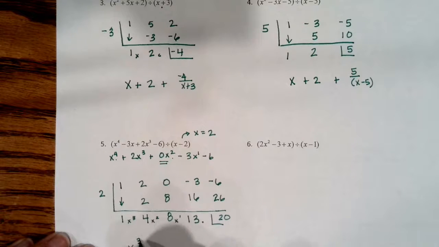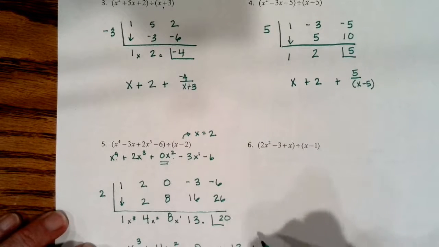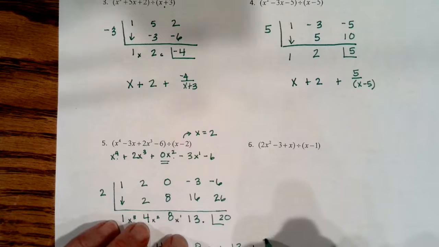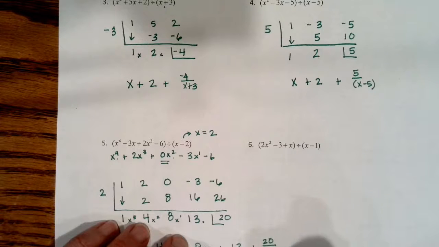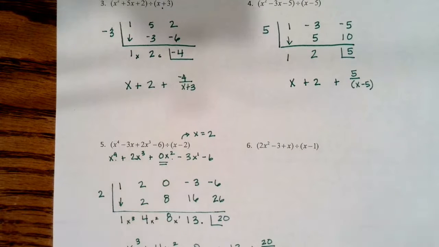X to the third plus 4x squared plus 8x plus 13 plus 20 over my divisor, which is x minus 2. Alright.